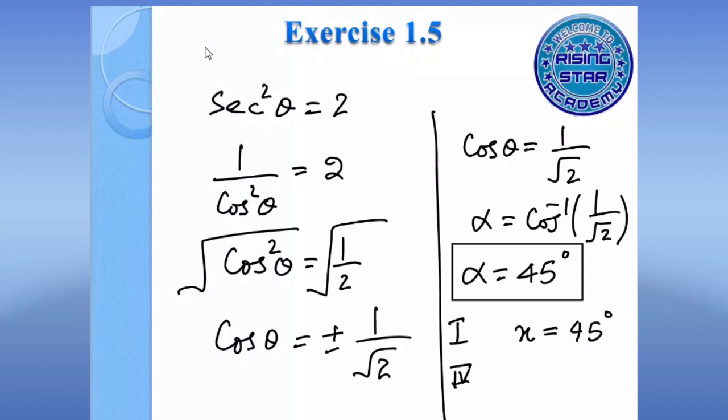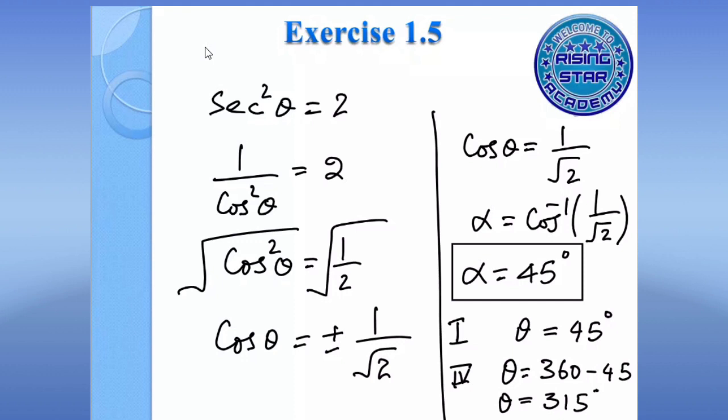And for the fourth quadrant, theta would be equal to 360 minus 45, that would become 315 degrees.